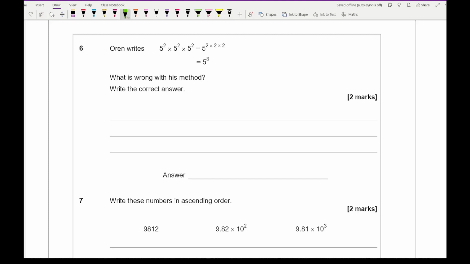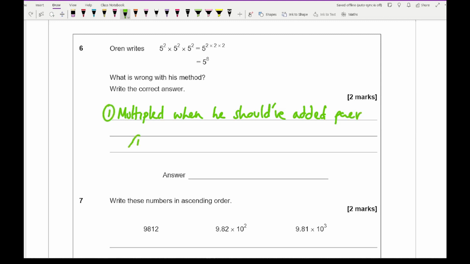Well, the issue that Owen has done is that he has multiplied when he should have added the powers. So that statement there would be worth 1 mark. And then for the second mark, we need to give the correct answer, and it's going to be 5 to the power of 2 plus 2 plus 2, which is 5 to the power of 6.